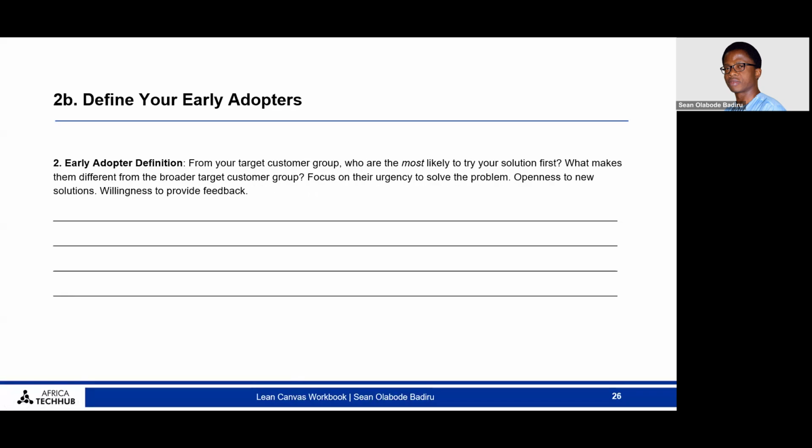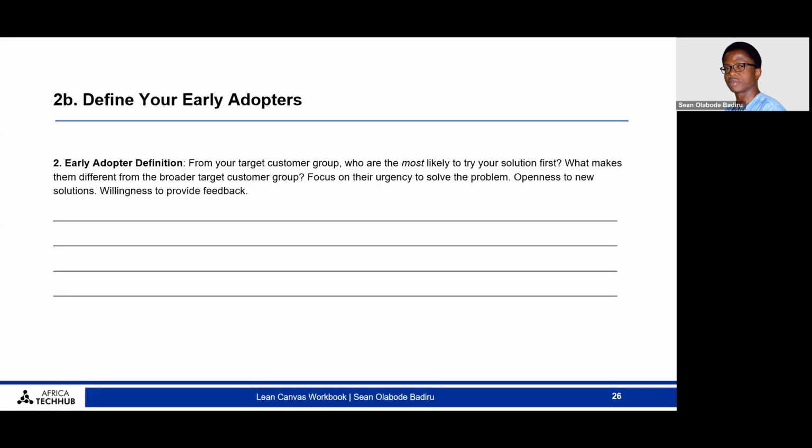And then early adopters. Early adopters are not outside this target group. From the target customer group, who are the most likely to try your solutions first? What makes them different from the broader target customer group?